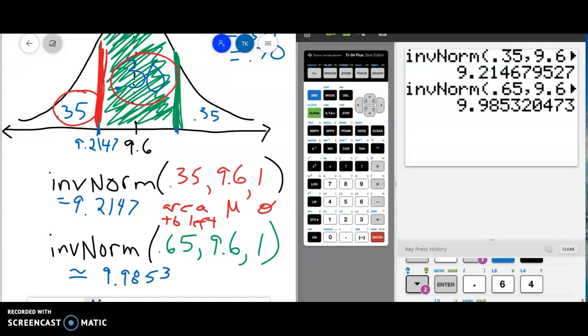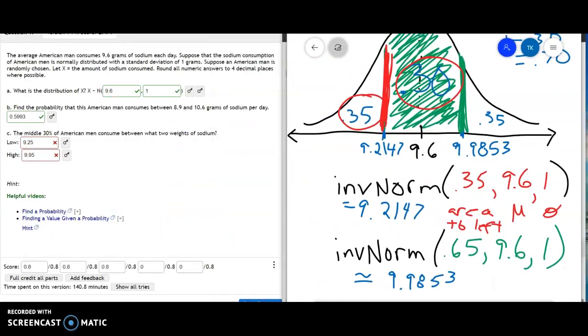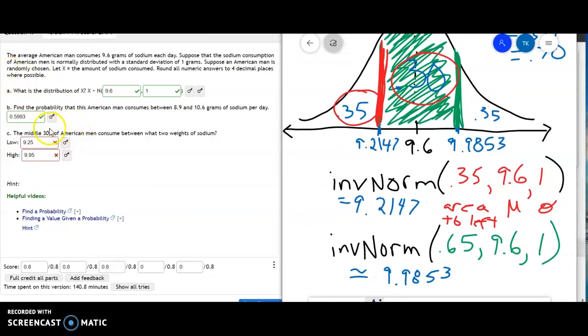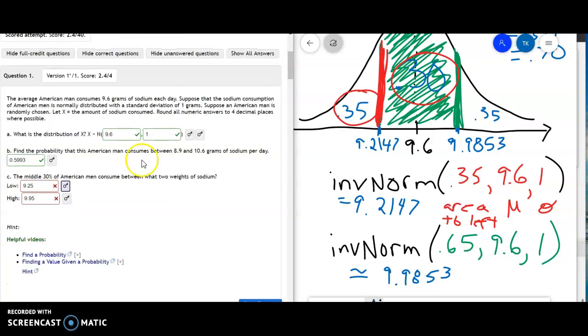Okay, and that again is this upper number. So it's between those 2 blue numbers that we found that, looking at the story of what they're talking about here, 30% of American men consume between those 2 weights of sodium. Okay, double check that I didn't get off on those numbers in any way. It looks pretty good. All right, so hopefully that helps out with problem 1 here.